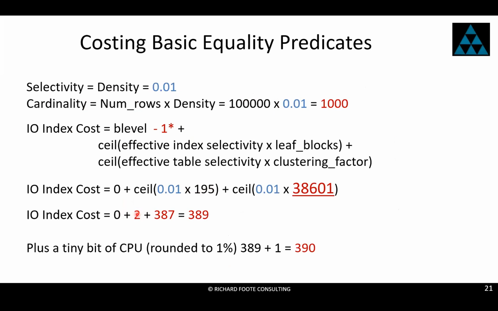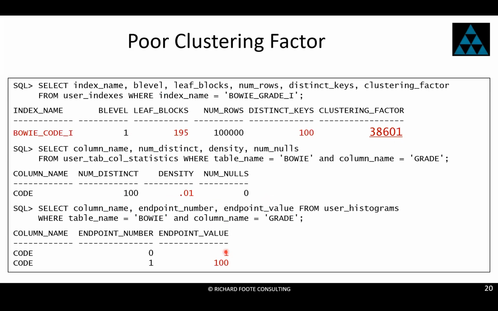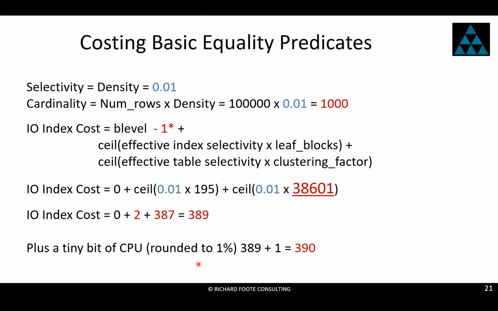Where the jump in cost explodes is that it's 1% of my awful clustering factor. And 1% of this equals 387, which gives me a total IO cost of 389. Now, we add 1% because, if you go back, there's about a 1% overhead for IO. So we add about 1, we round it up for 1 more for IO, and that's where our 390 comes from. 390 is just too expensive.